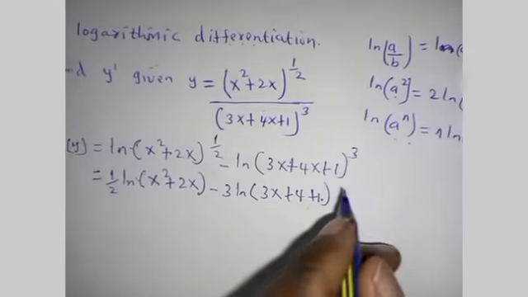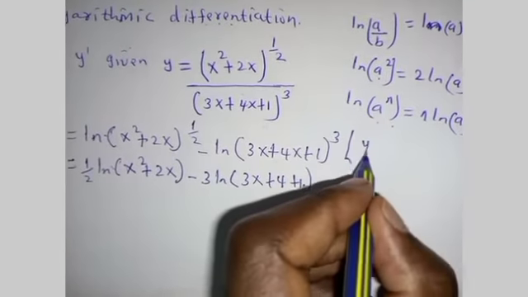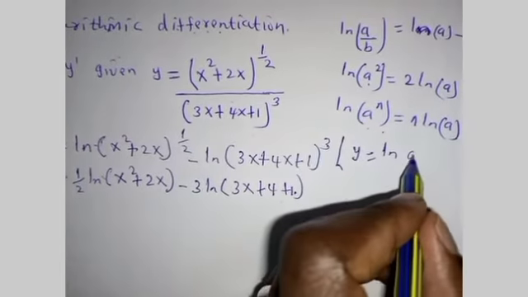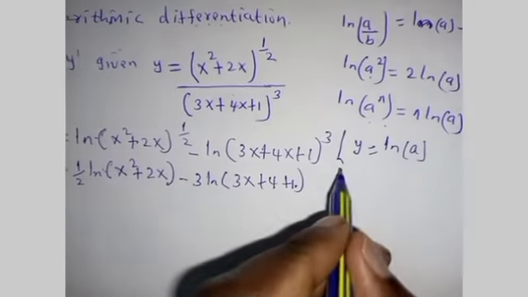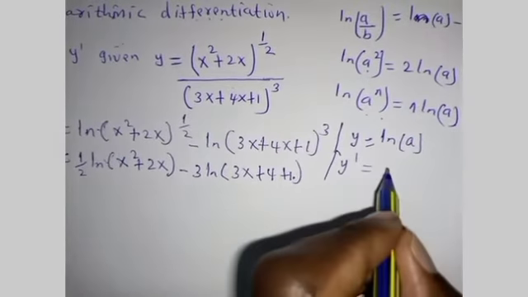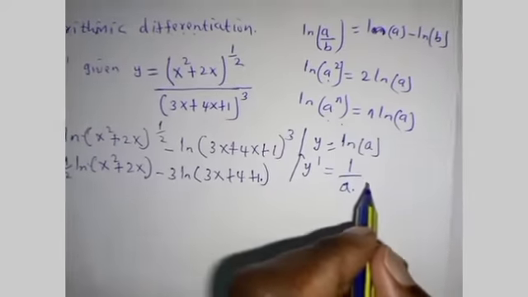So we are also going to apply this rule which tells us that if you have y is equal to natural logarithm of a, then y prime is equal to 1 over a.